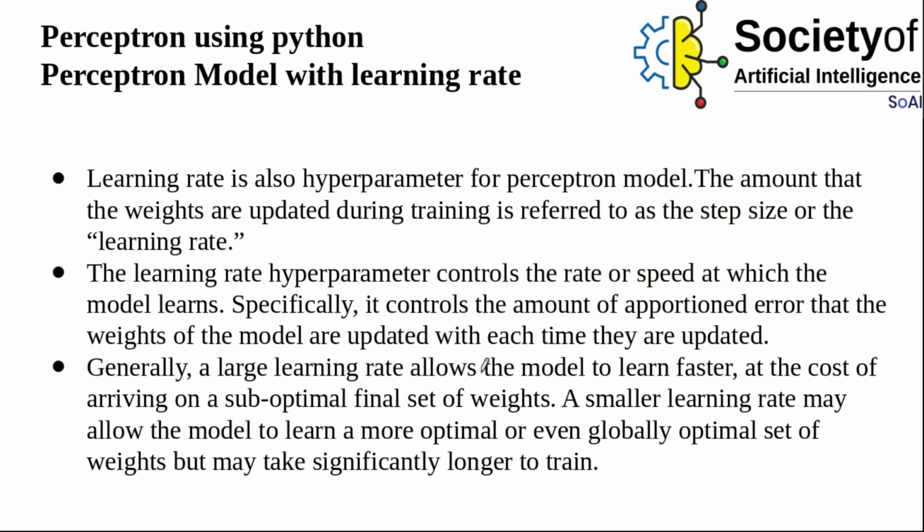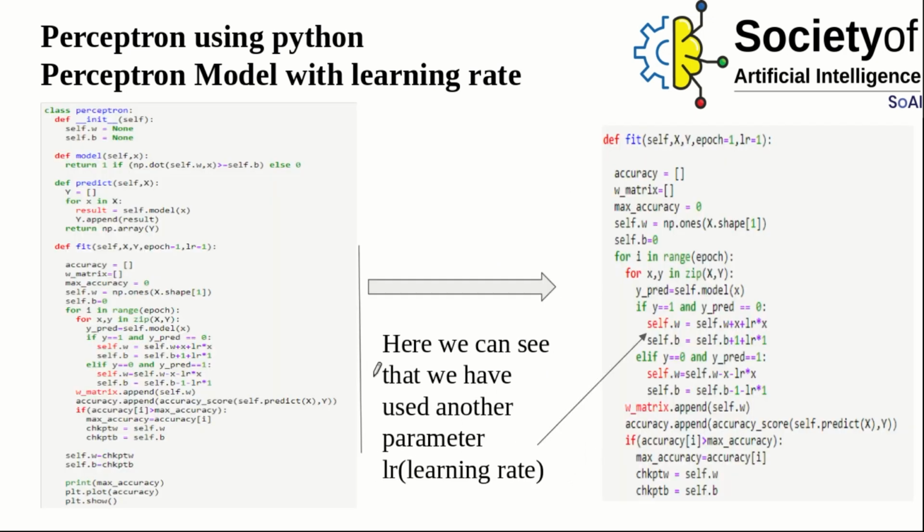Generally, a larger learning rate allows the model to learn faster at the cost of arriving at a sub-optimal final set of weights. A smaller learning rate may allow the model to learn a more optimal or even globally optimal set of weights, but that might take a significantly long time to train.